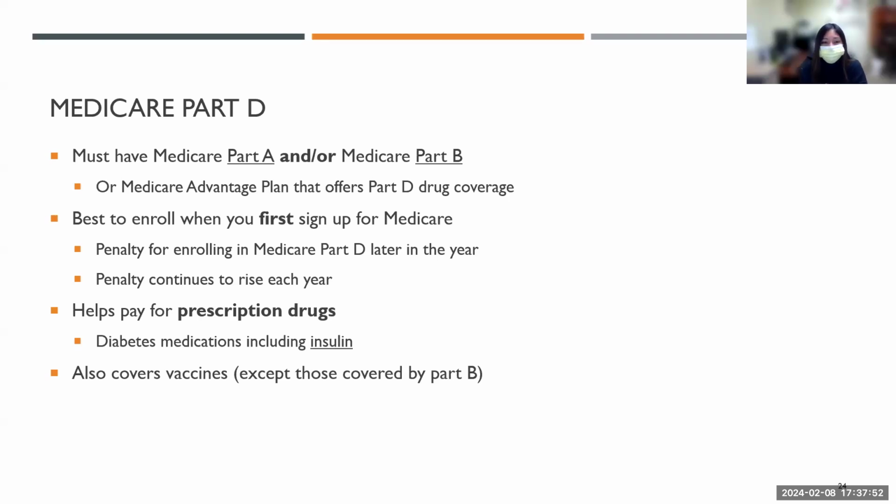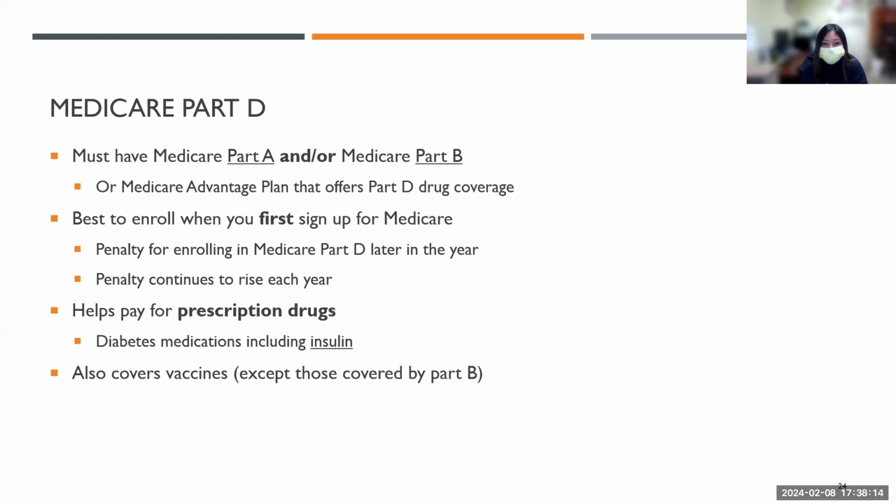It is best to enroll for Medicare Part D when you first sign up for Medicare. What I mean by this is that if you do not sign up for Medicare Part D at the beginning of signing up for your Medicare Part A or Part B, you may have to pay a penalty if you decide to enroll in Medicare Part D later on in the year.